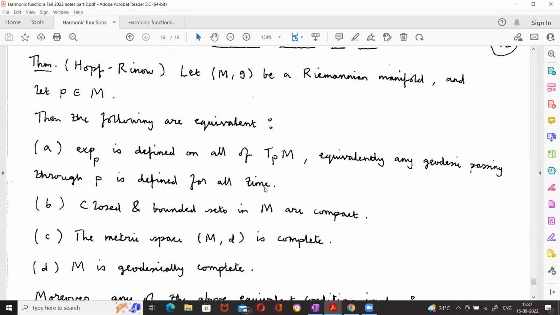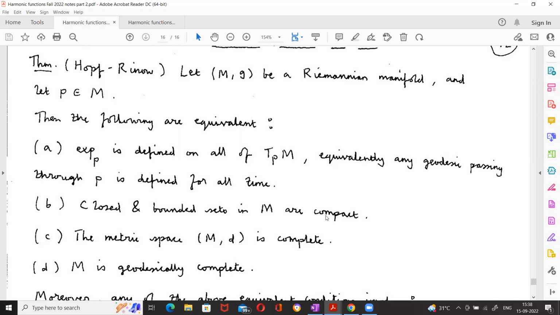B: with respect to the distance function on the manifold, closed and bounded sets in M are compact.